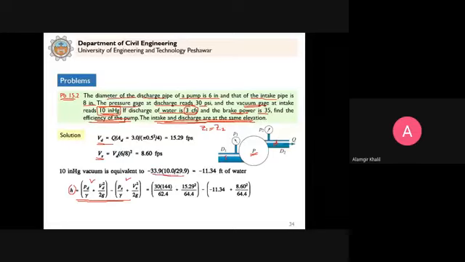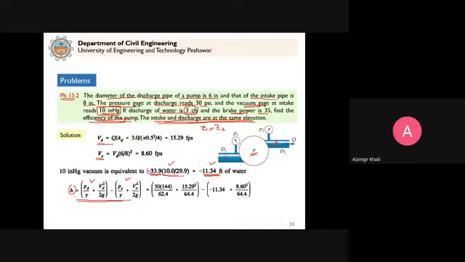Clear that 29.9 inches of mercury is equal to 33.9 feet of water. So for 10 inches, what should be the feet of water?